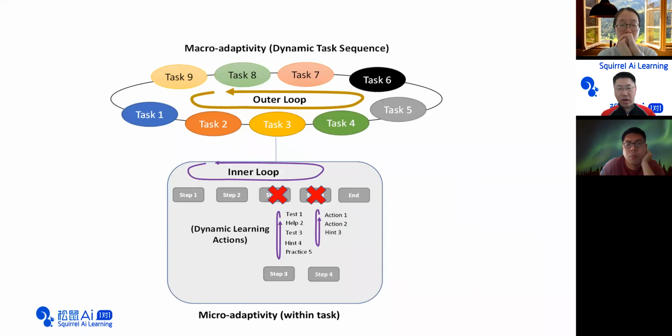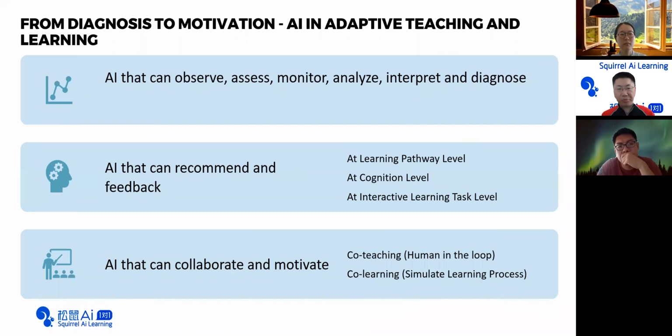We typically model them as both the outer loop, which is outside of the task, and the inner loop, which is inside a learning task. They are enabled throughout this overall diagnosis to recommendation to motivation loop for personalized learning and teaching.